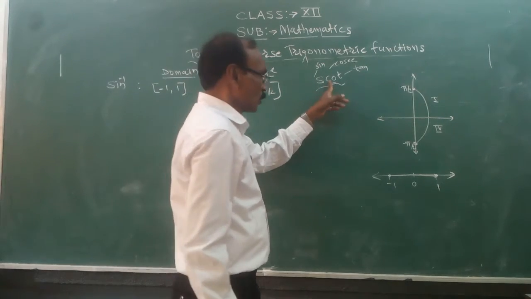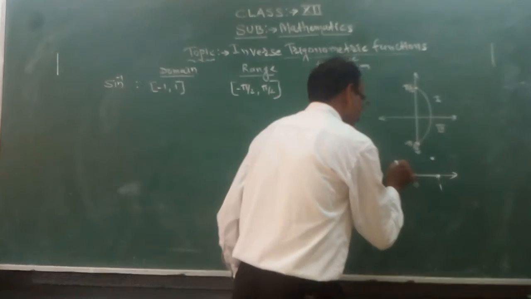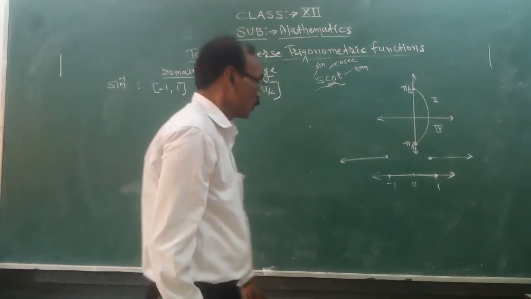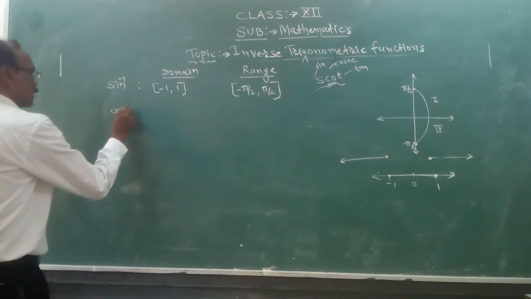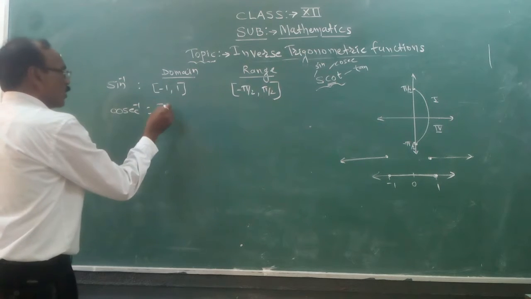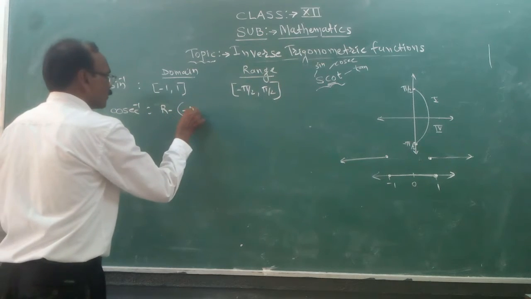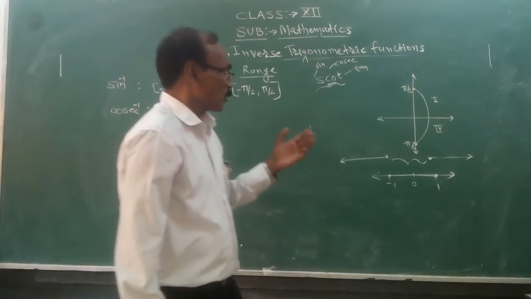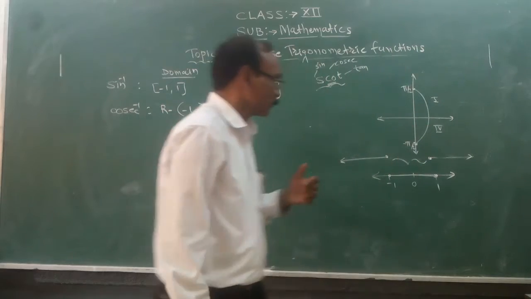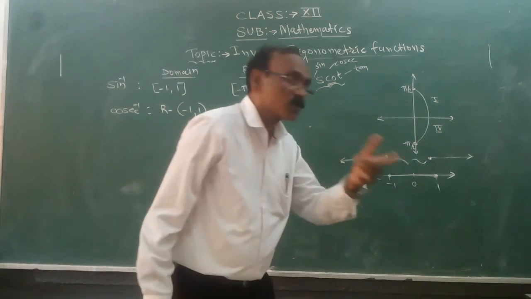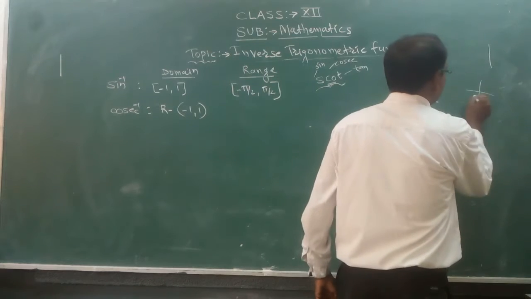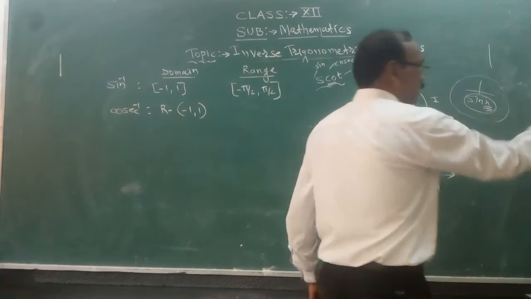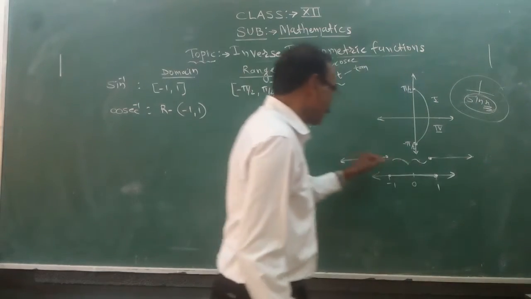Second is cosec. For cosec you make it dark here; the domain of the cosec inverse function is all the real numbers except minus 1 to 1. You will not get the numbers in between because cosec is 1 upon sine. As sine tends to 0, the denominator tends to 0 and the value goes towards infinity and minus infinity.